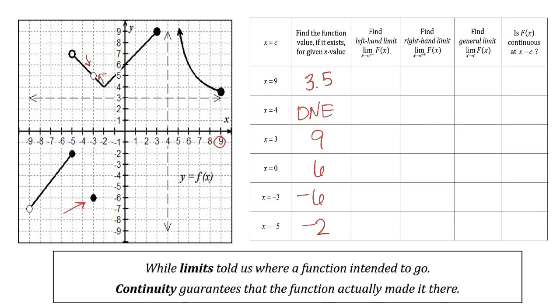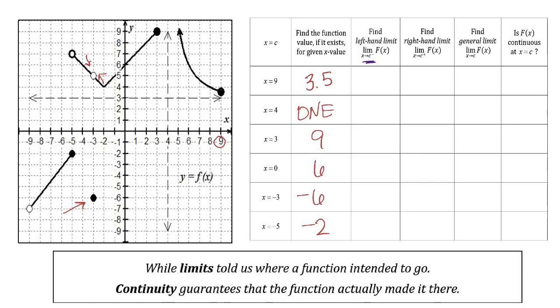Okay, now let's look at the left-hand limit. On all of these, we're going to look for the limit as x is approaching each one of these x values, but we're just looking at it from the left. So we're looking at the limit as x approaches 9 from the left.